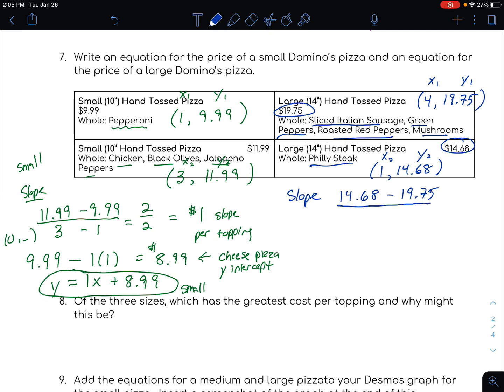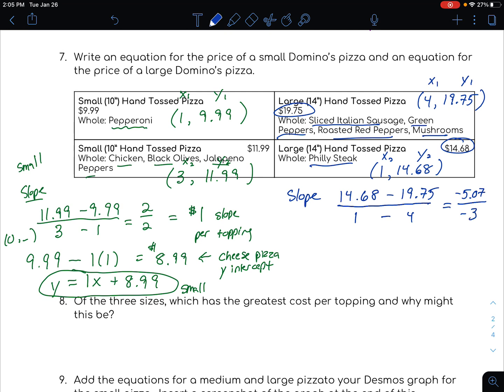By the way, you can reverse them as long as it doesn't really matter which one you call x1, y1 or x2, y2. You just have to stay consistent with the way you subtract. So if we're going this direction like we always have, then I have to do x2 minus x1. So that gives me a negative number here, negative 5.07, I think, and then negative 3.